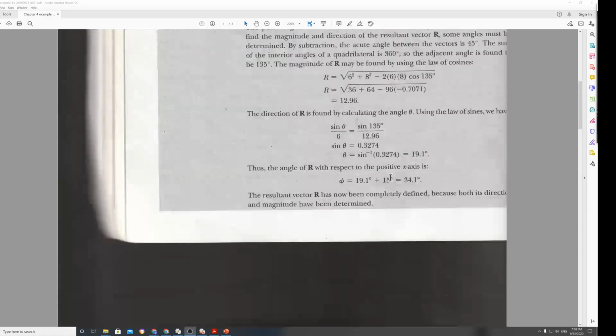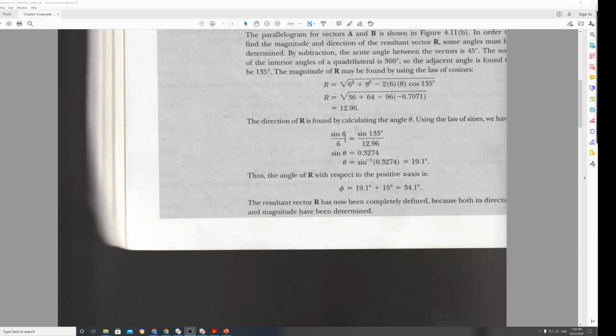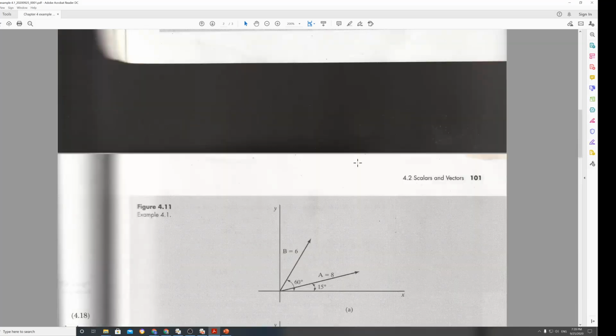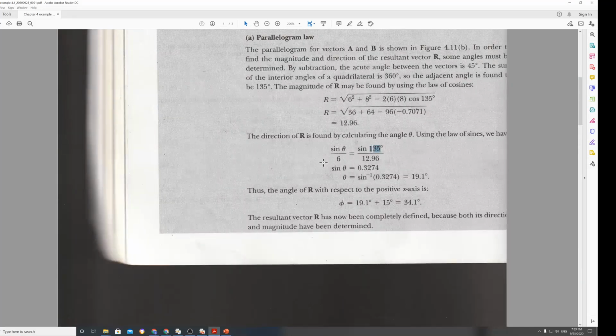So if we do that, go back up here. Here's r, and here's the angle opposite r, equal to the side vector, which was the 6, I think, vector b, sine of theta over that.